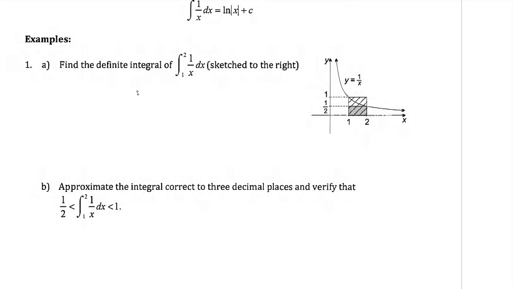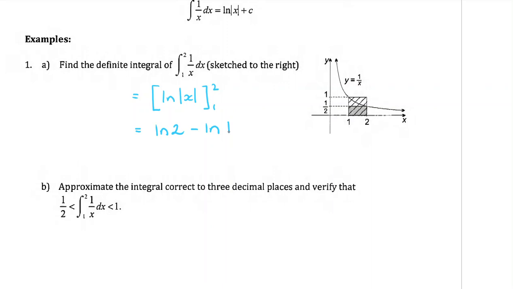So I'm going to put it in square brackets because it's a definite integral, and it will be ln of the absolute value of x between 1 and 2. Okay, then we sub in ln of 2, and the absolute value of 2 is just 2 because 2 is positive, so ln of 2. Then minus sub in 1, ln, and the absolute value of 1 is 1, so 1 like that.